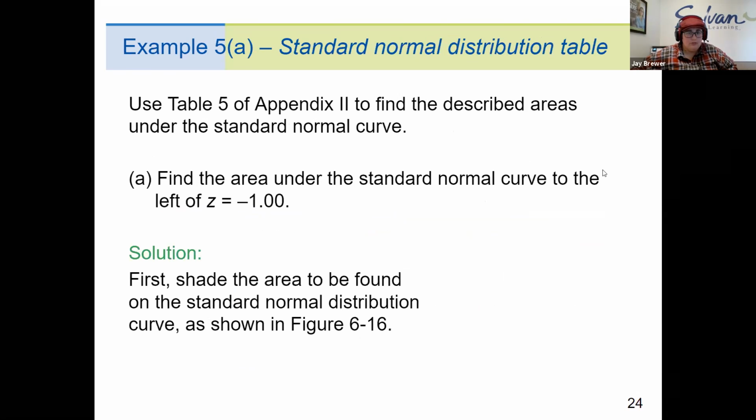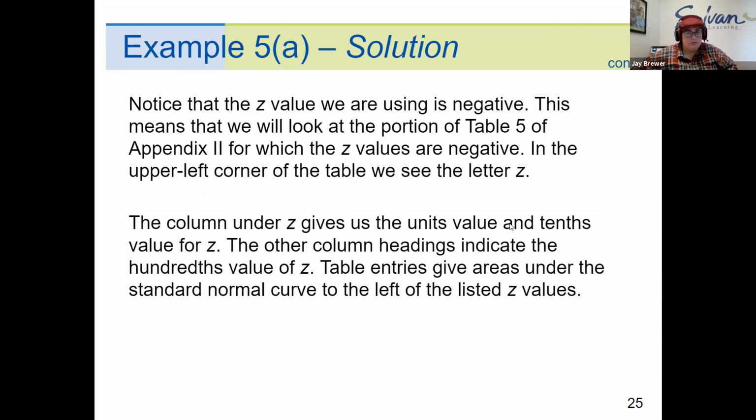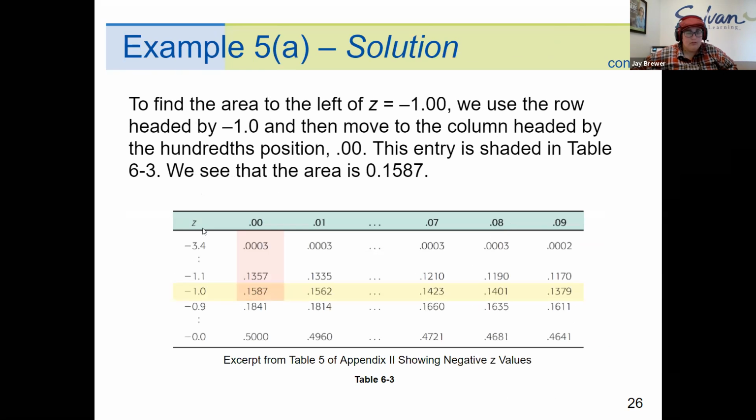Let me just get you to it so we can look at an example. All right, so remember before how the answer was negative 2.20 as your z? You would come into your z table, you would drop down to negative 2.20, and you would look over to find that.